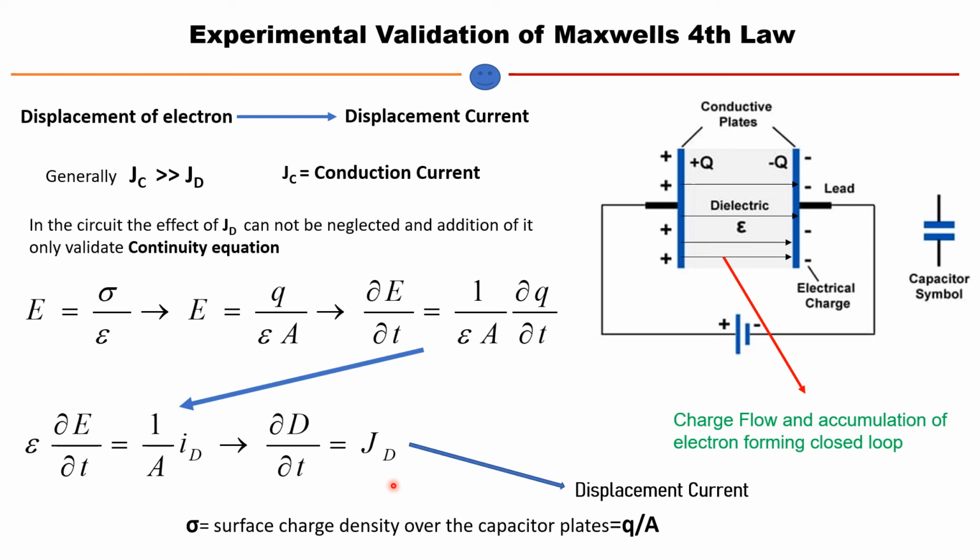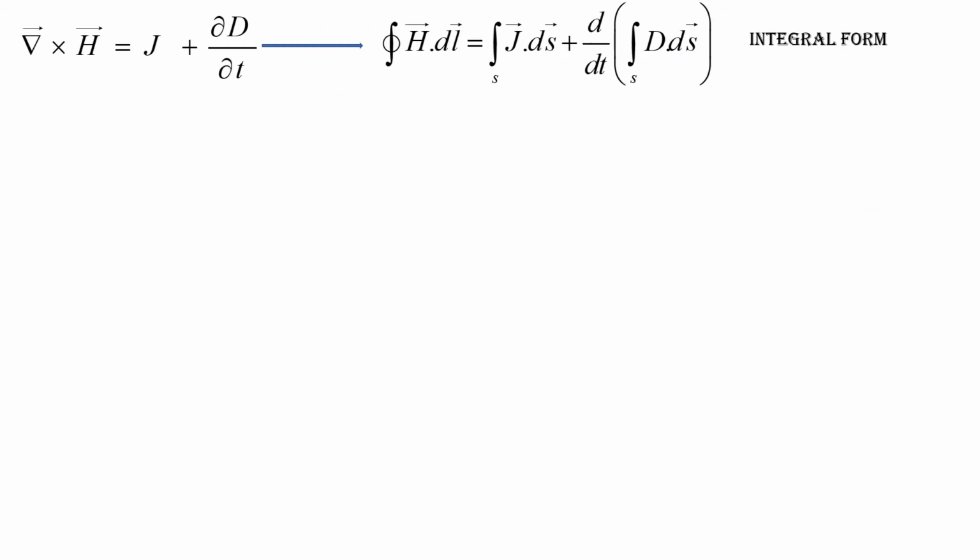Now from this circuit we will put a surface, and we will see how these equations are validated. It is our fourth law, curl of H is equal to J plus ∂D/∂t. Now from the differential form, how can we get the integral form? We take the surface integral of curl of H dot ds, which gives the closed line integral of H dot dl.